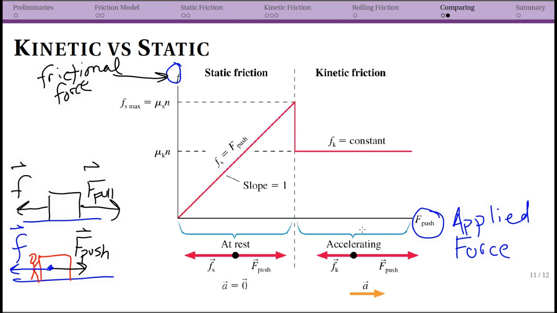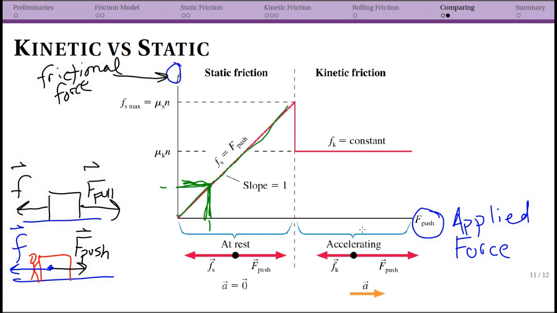So what that says is that if I push this hard, I get this much friction out, and notice that they're equal, right? This value and this value would be equal. So static friction in this case keeps pushing back as hard as you are applying it. That's why you get this one-to-one line here, right?